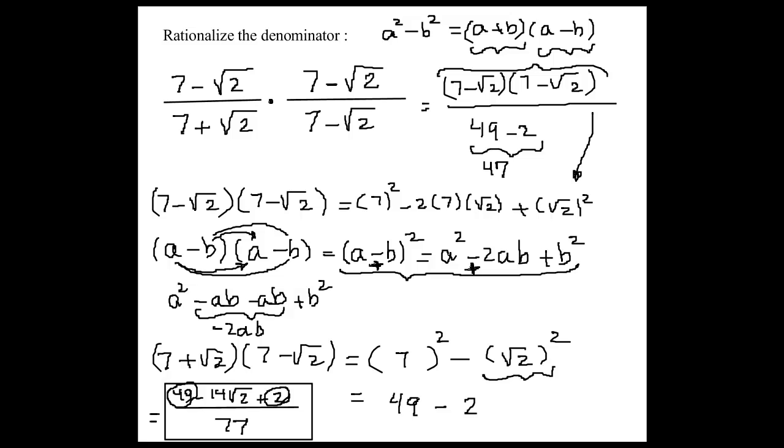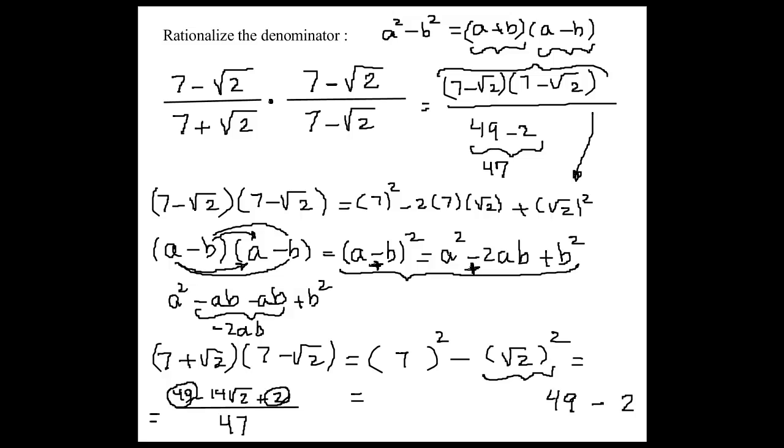So let's fix that. 47. 49 minus 2. So this is how you write the final answer here. So let's just move some of these around so we can get the final answer down here nicely.